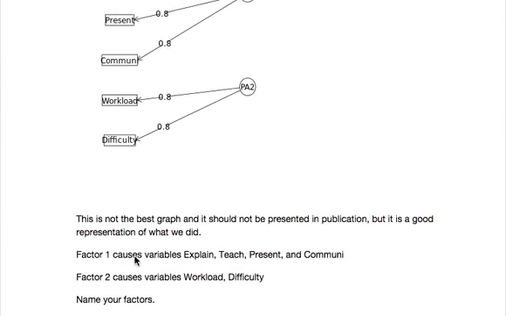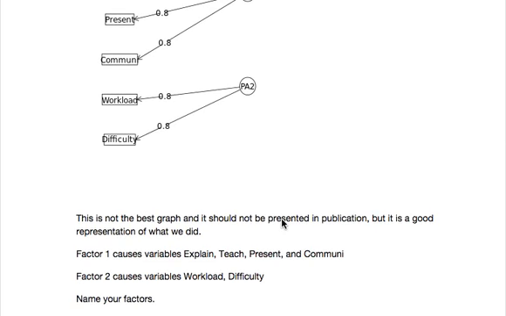So factor 1 causes the variables explain, teach, present, and communicate, and factor 2 causes the variables workload and difficulty. Naturally, you might want to name your factors to ease interpretation and just sort of enjoy this process.